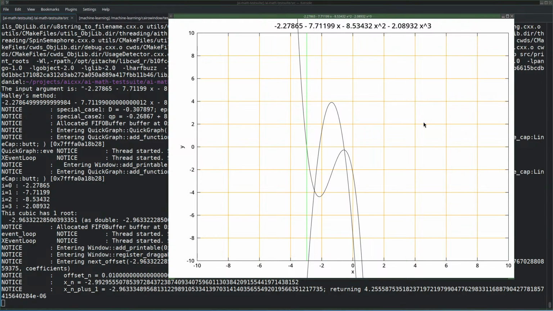So cool, that works. This S thingy is the cubic, and then this thing here is the derivative. So you can see in the top it is 0.